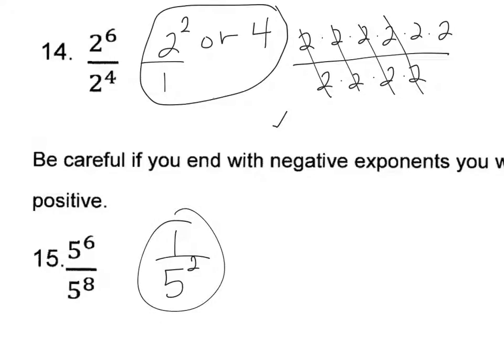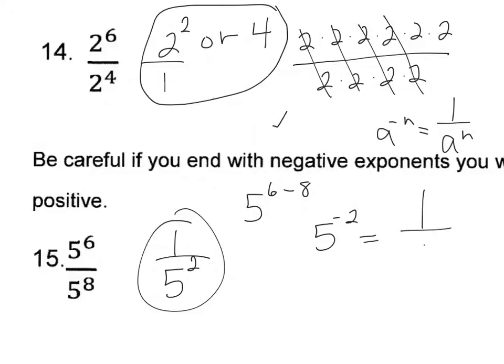If you did the rule where we subtract the exponents, this would become 5 to the 6 minus 8, which would give you 5 to the negative second power. Then if we use the rule that we talked about earlier, that a to the negative n is equal to 1 over a to the positive n, then you could change this into 1 over 5 to the second. So there's 2 ways to think of this problem, and we end with the same answer.